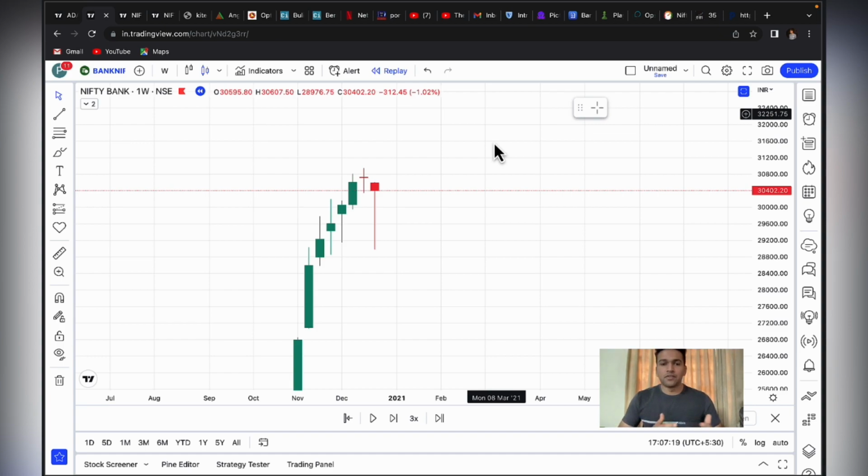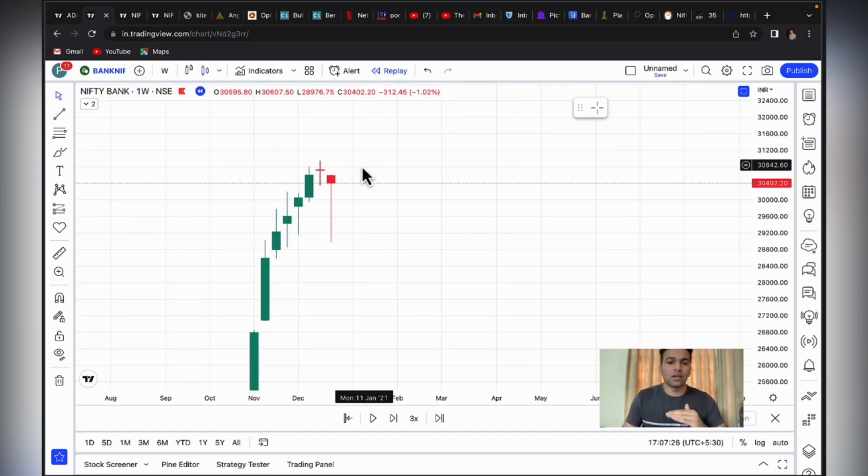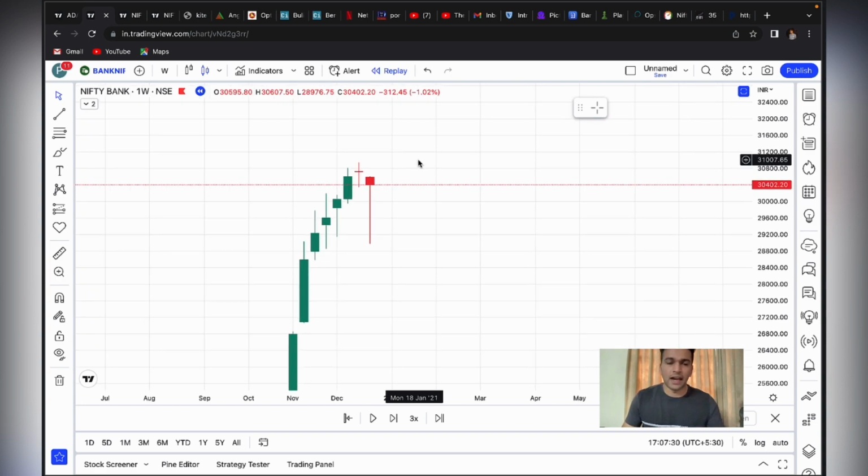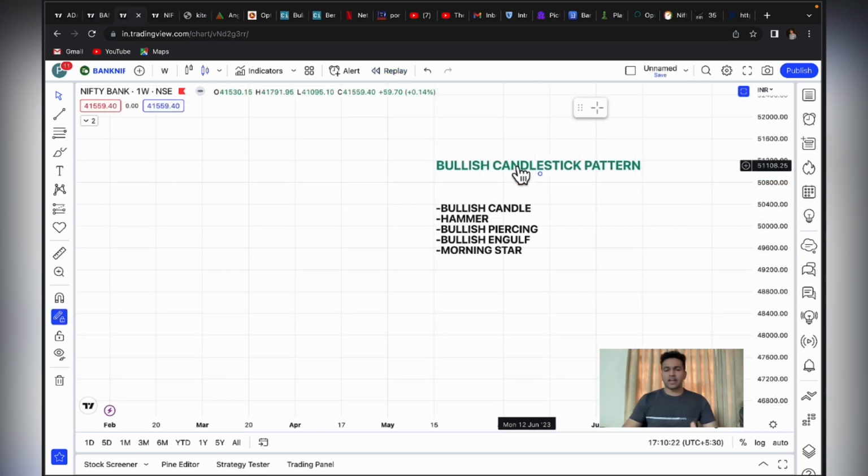It doesn't matter if it's green or red. A hammer can be of any color and it is a bullish candlestick pattern. A hammer is considered very significant when it's found at the bottom of a trend, at the support of a trend.